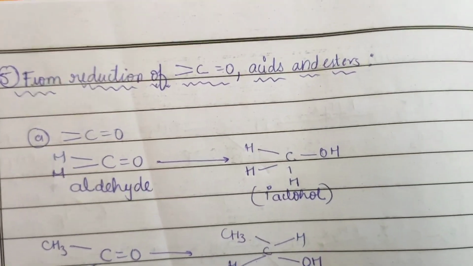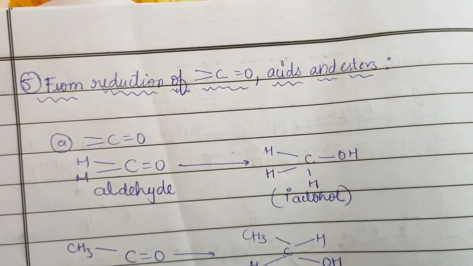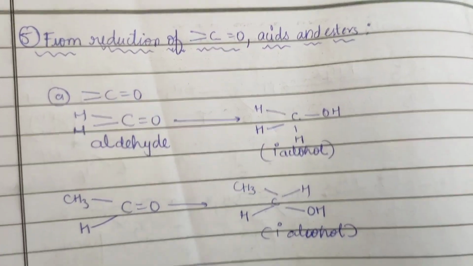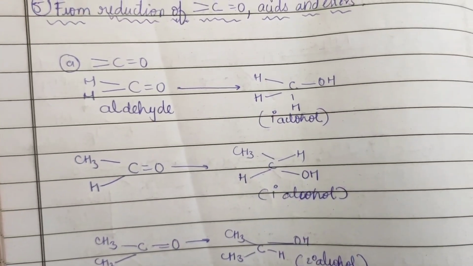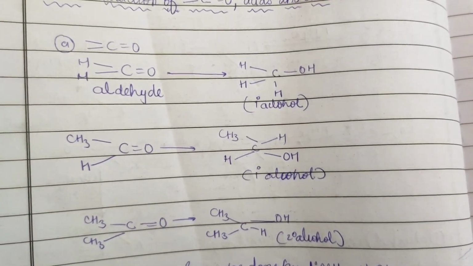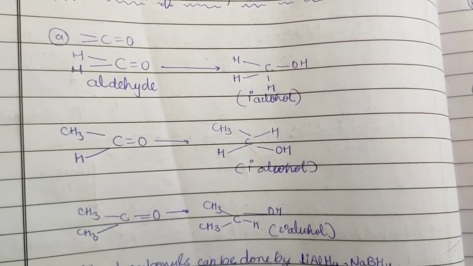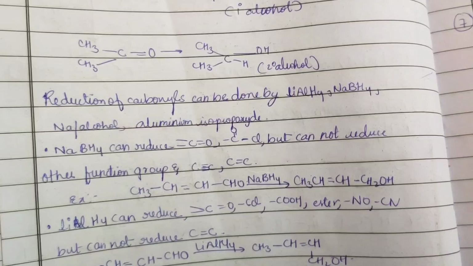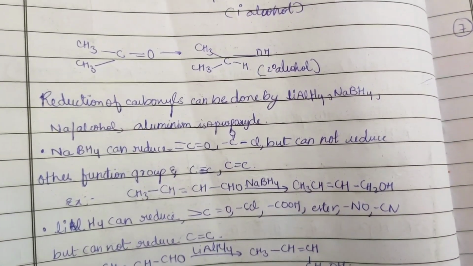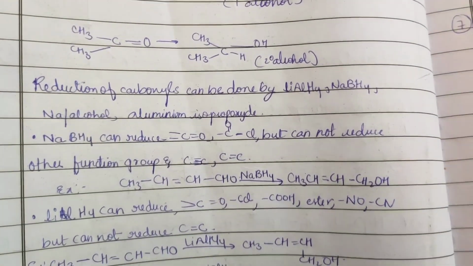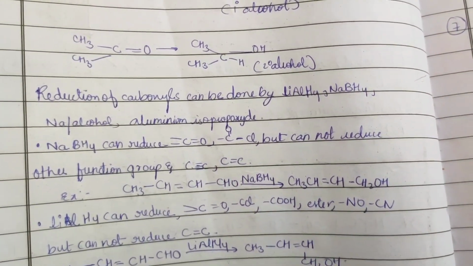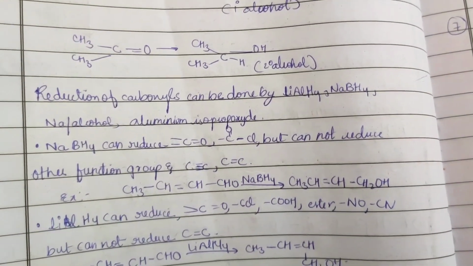Alcohols formed from the reaction of carbonyl compounds, acids and esters. Here you can see carbonyl compound first, which forms primary, secondary and tertiary alcohols, where reduction of carbonyls can be done by LiAlH4, NaBH4, sodium or alcohol, aluminium propoxide.